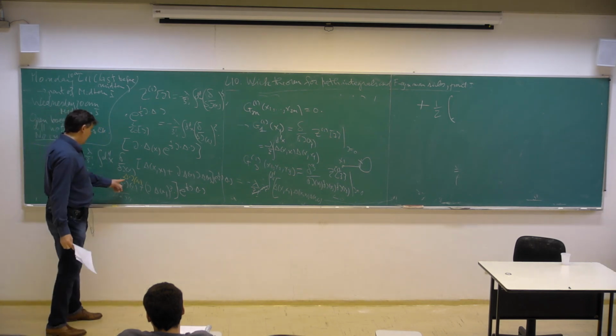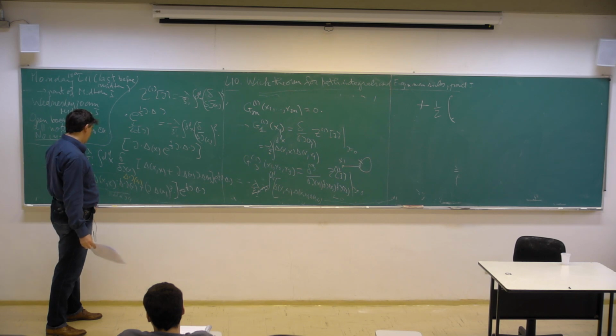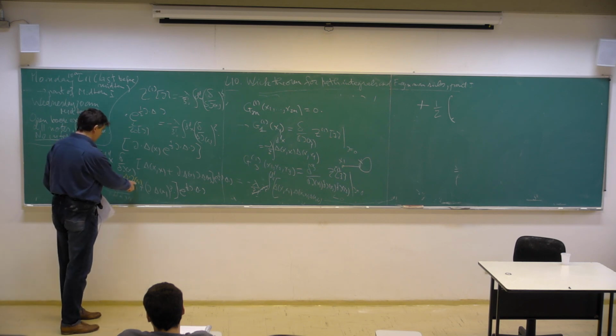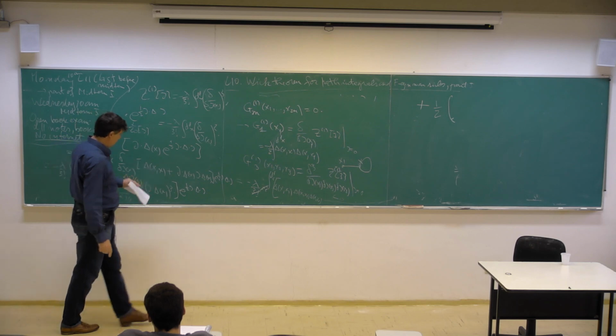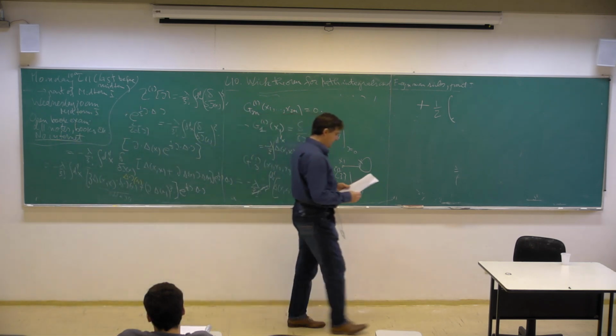And now I can act, so that's a possibility, delta dot j x1, but then if I act in here, I can get delta of x x2, and in here I'll get delta of x1, x3, but then I get all the other possibilities with x1, x2, x3 interchanged.